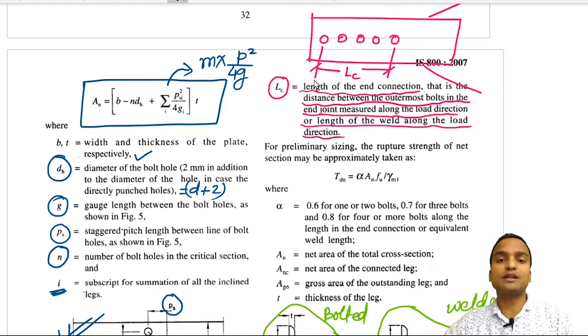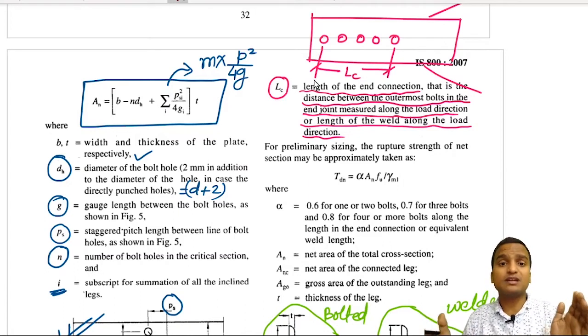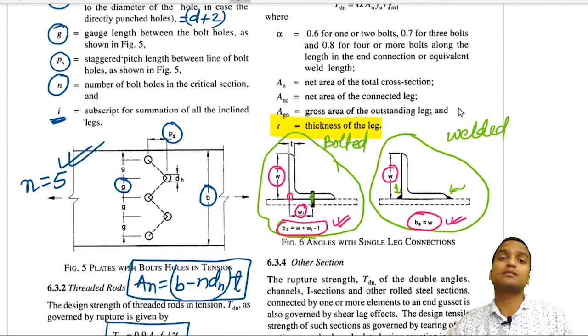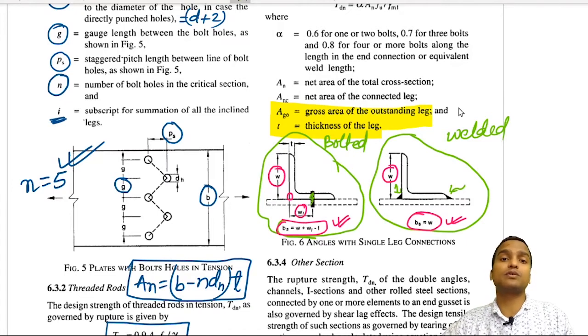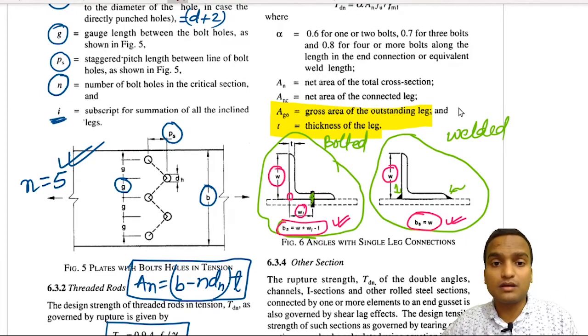So now you understand the distance between the outermost bolts is Lc, the length of the end connection. t is the thickness of the leg, which will be given for the angle section. Now how do we calculate the gross area of the outstanding leg only, because there are two legs here: one is the outstanding leg, this one, and the other is the connected leg.